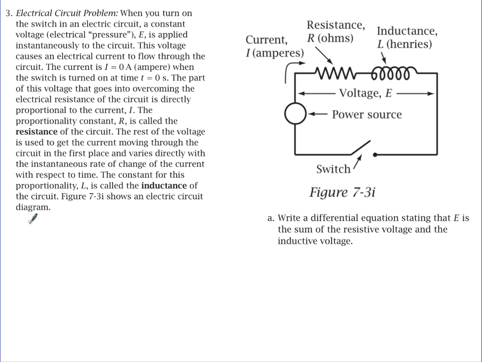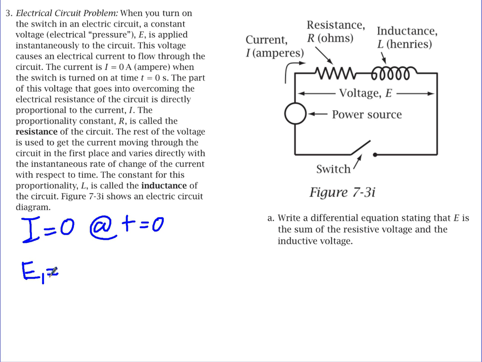So let's write that down. We have I equals 0 at t equals 0. Okay. The part of this voltage that goes into overcoming the electrical resistance of the current is directly proportional to the current I. The proportionality constant R is called the resistance of the current. So we're going to have two parts of this voltage.